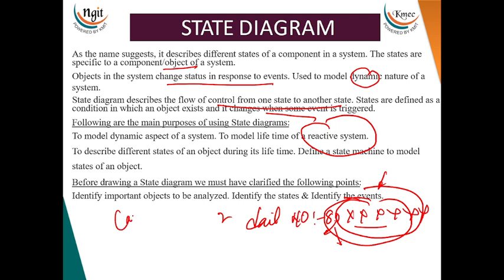Like your credit card transaction, or your PhonePe transaction on a particular day, the time at which you are doing it, that becomes active, that is dynamic. Once it is done, it is saved. You capture that. That is nothing but your state diagram.